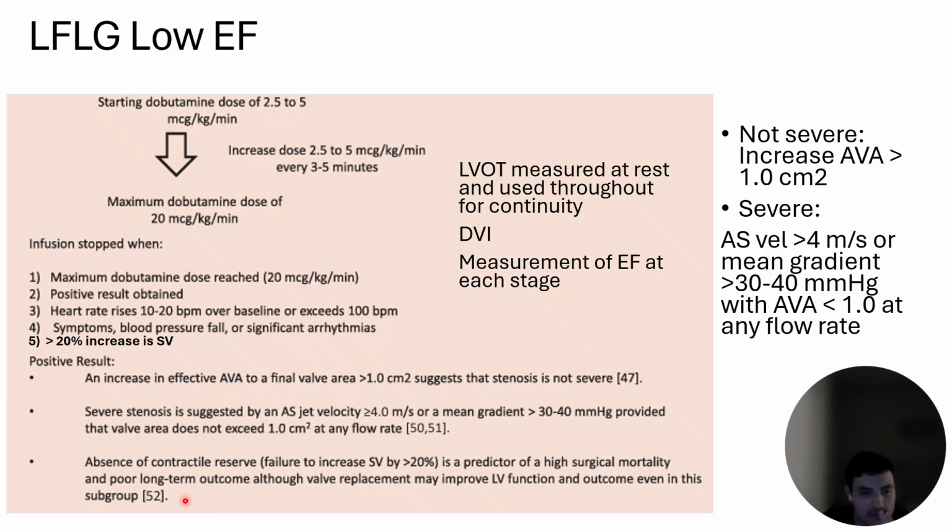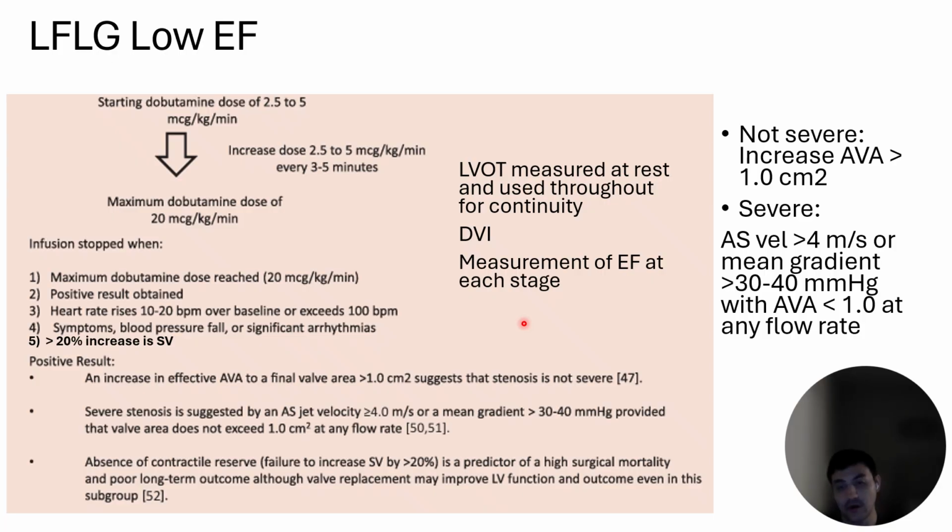The absence of contractile reserve, failure to increase the stroke volume by 20%, is a predictor of surgical mortality and poor long-term outcome. So what is severe? You find this more than 4, more than 40, and with the aortic valve area less than 1. If the aortic valve area goes more than 1, it's not severe.